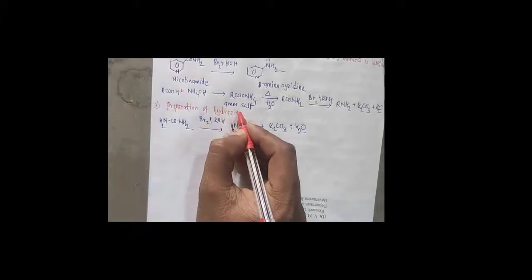Next, when RCOOH is treated with NH4OH, its ammonium salt RCOONH4 is formed, which on heating converts into the corresponding amide with elimination of a water molecule, which on treating with Br2/KOH is converted into the primary amine with elimination of K2CO3 and H2O.